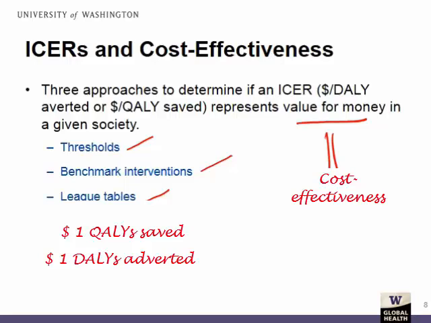We'll see next week that you can have studies that don't use QALYs and DALYs, but these decision rules for deciding whether interventions are cost effective are premised upon doing studies with estimates measured in QALYs or DALYs.